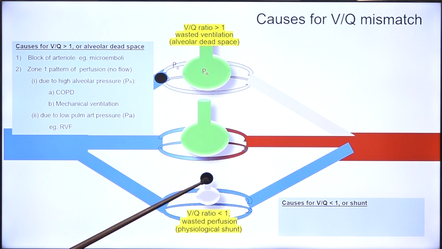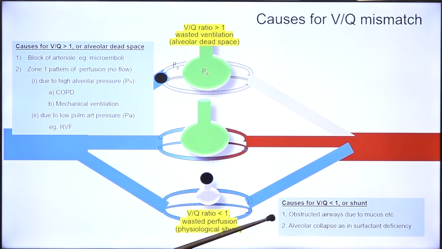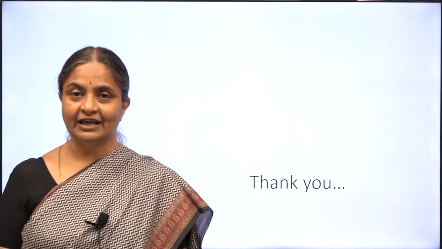When there is blockade of the bronchioles, as would happen in a mucus plug in the bronchioles due to bronchiolitis or bronchitis, or alveolar collapse as in surfactant deficiency, which you will see in a condition called neonatal respiratory distress syndrome. Just remember these causes. We can learn the explanations in a later lecture. Thank you for your attention.